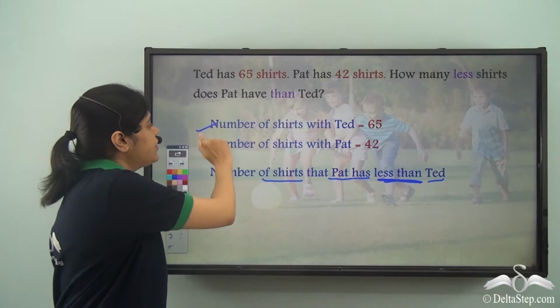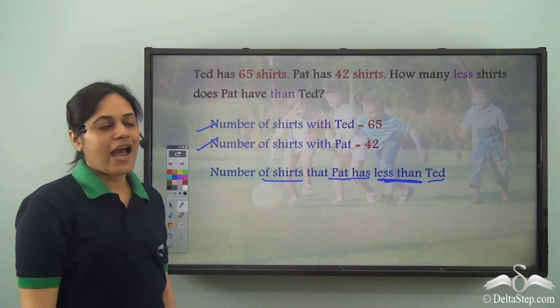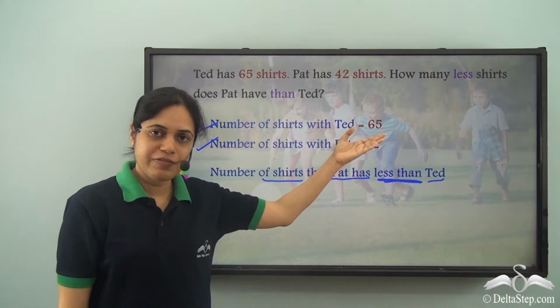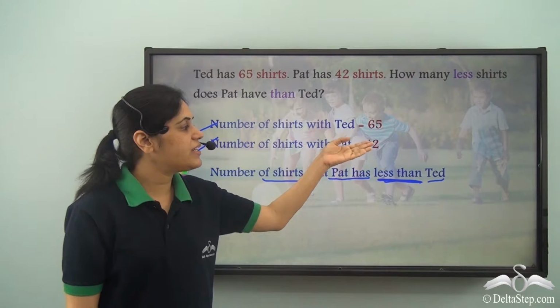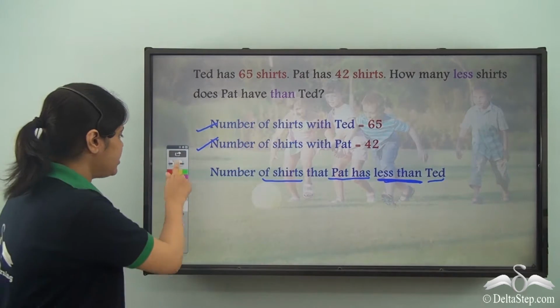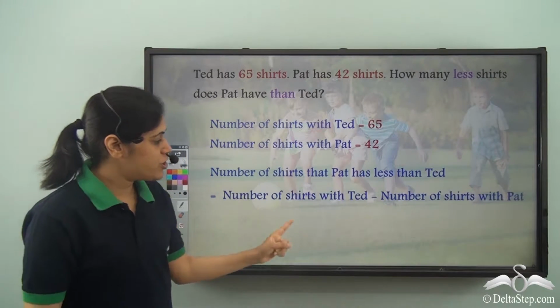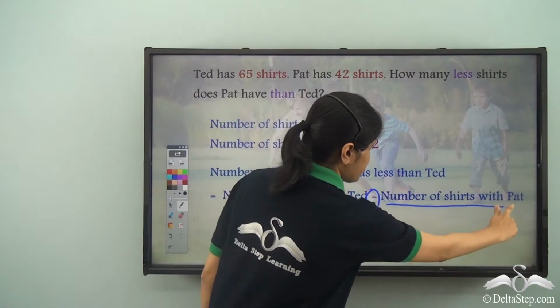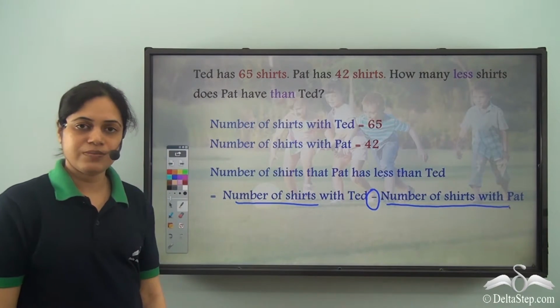By subtracting these two. And when we subtract, we write the bigger number first. So we always subtract the smaller number from the bigger number. So I need to write number of shirts with Ted minus number of shirts with Pat.